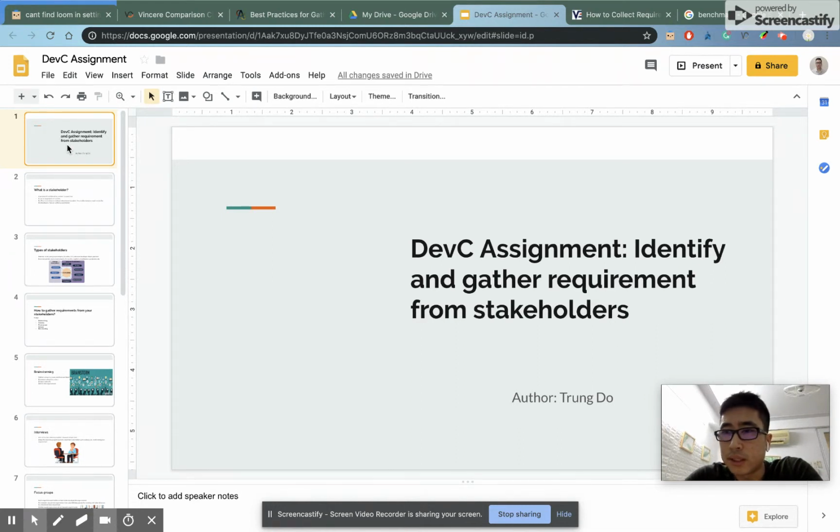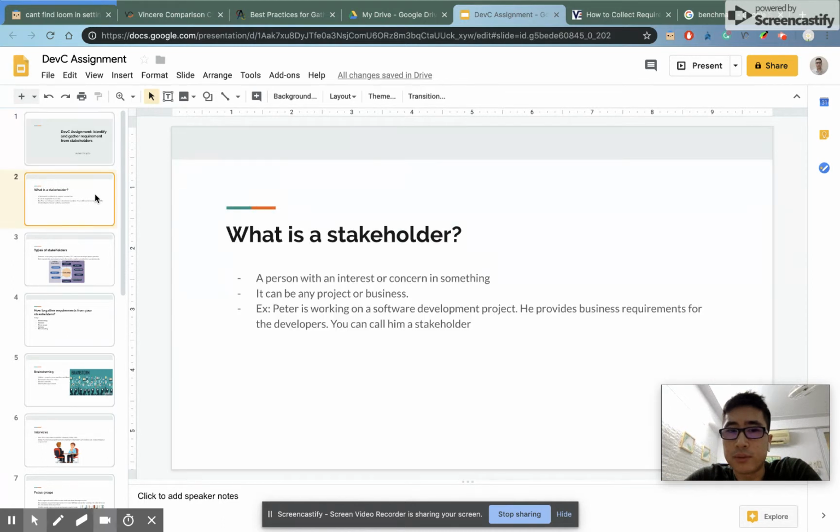This is a challenge that took me some time to invest resources and time to figure out all the information, because I'm also a product manager, so I needed more time to do that. Moving forward, I want to identify with you the stakeholders.